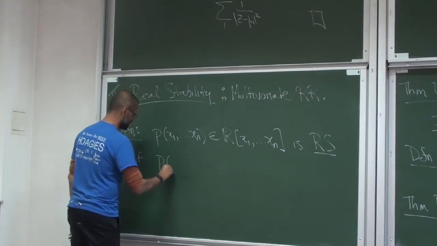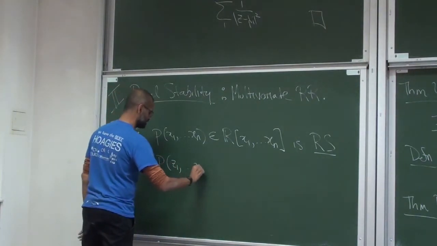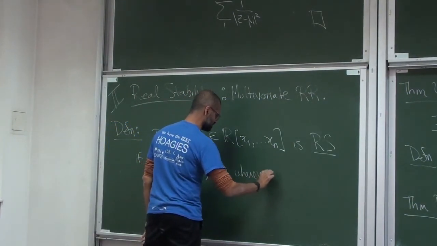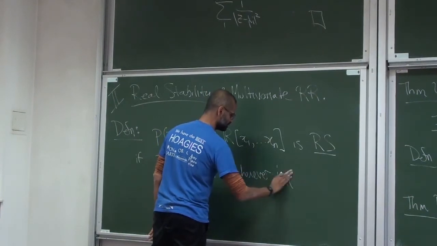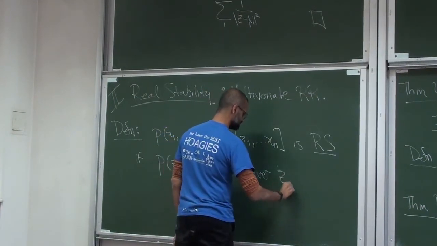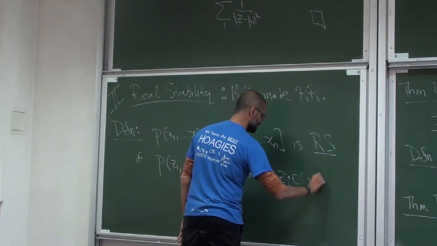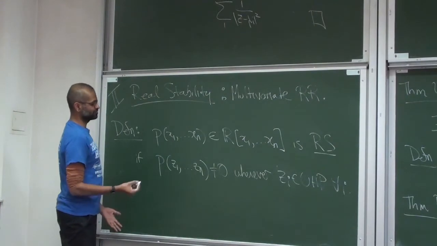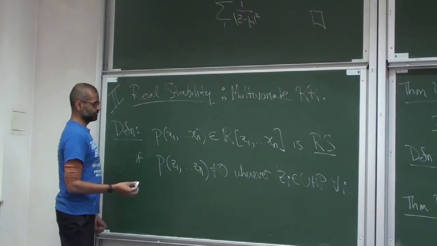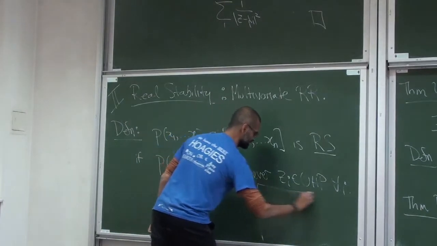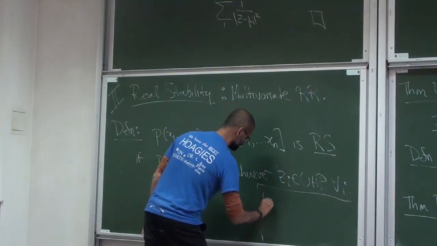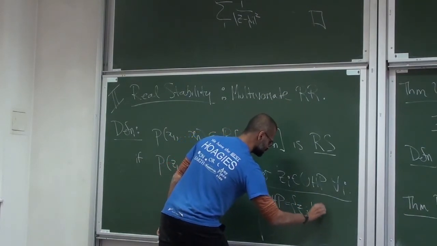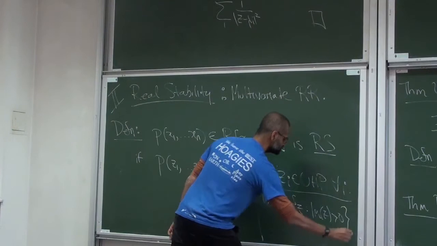So if P(z1, ..., zn) is not equal to 0 whenever the imaginary part of zi is positive for all i. So what's the upper half plane? The upper half plane is the open upper half complex plane, the set of all numbers with strictly positive imaginary part.